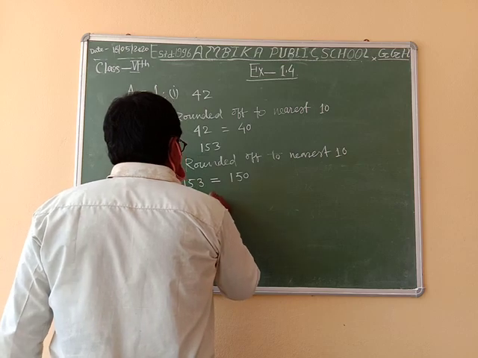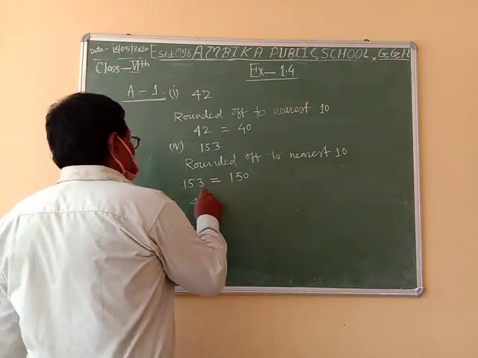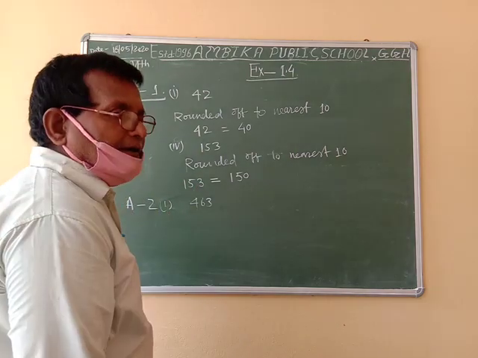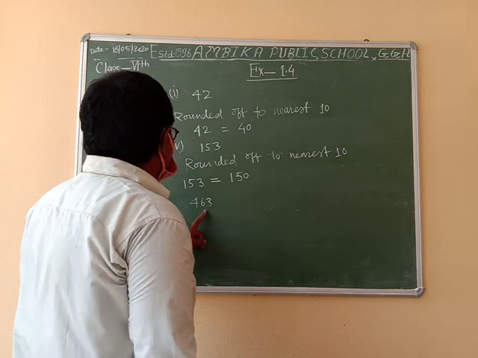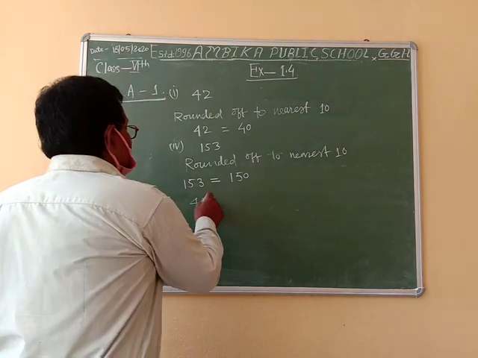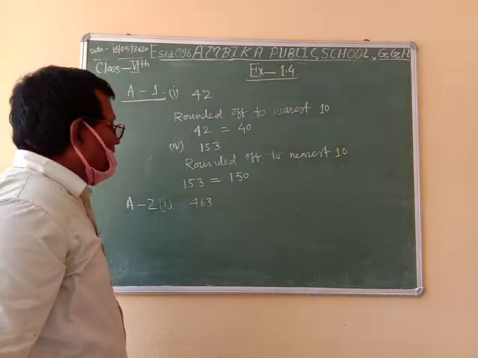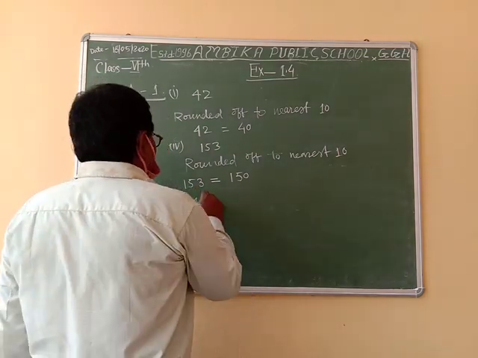If we have to estimate to the nearest 100, we see the tens digit. Here the tens digit is more than 5, so we increase the hundreds digit by 1 and write 0 at the tens digit and ones digit.